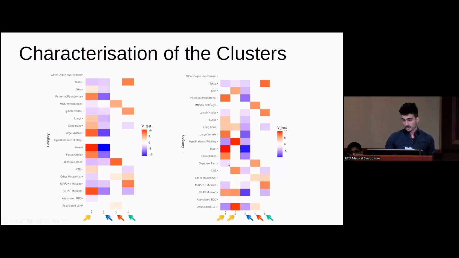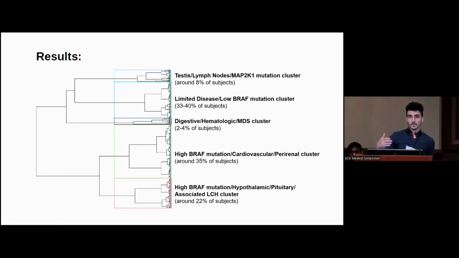The second cluster instead is driven by a high frequency of associated LCH with hypothalamic and pituitary involvement. So the features we are seeing here are actually what we usually see in our clinical routine.